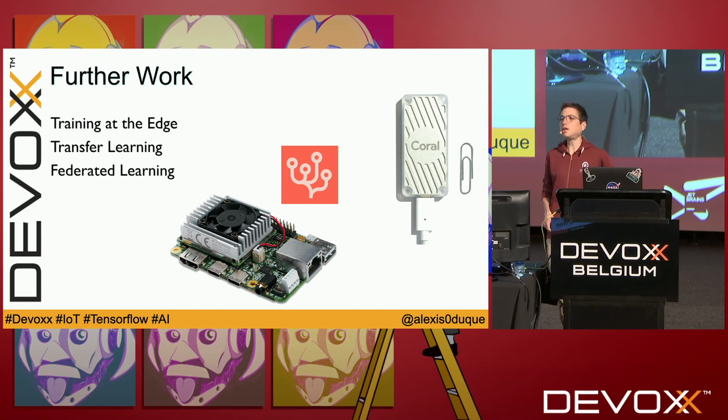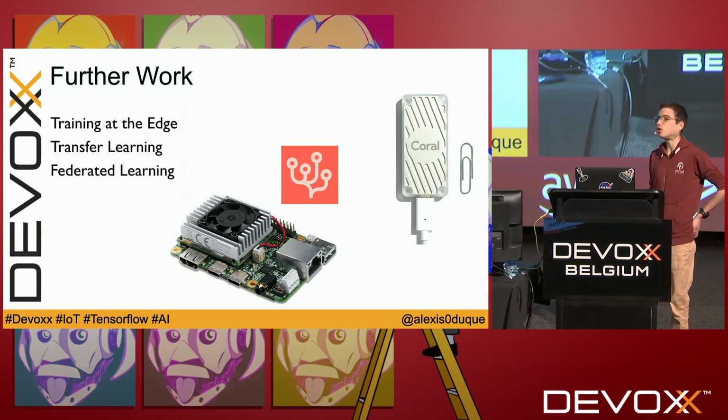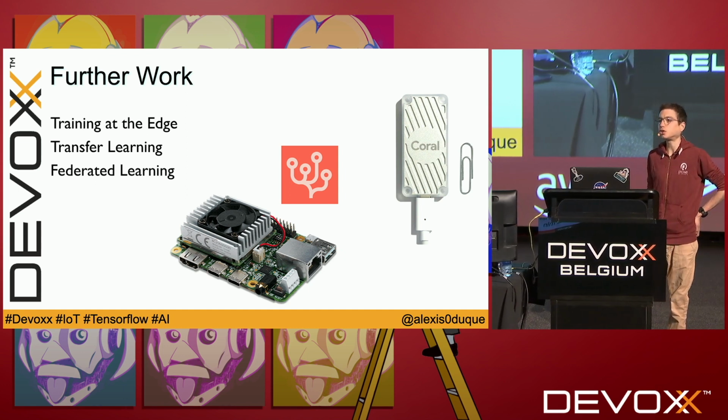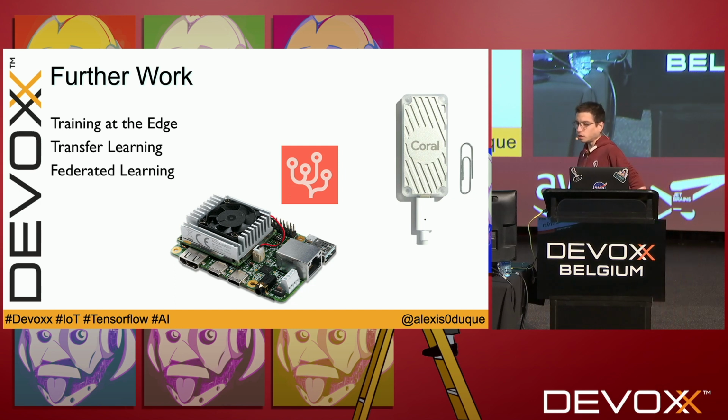There are many research papers working in the field of federated learning. Basically, it's what is used for voice assistants and speech recognition, and it's a promising way to do learning on IoT devices at the edge, because it distributes the computation across all the nodes you have in your network.